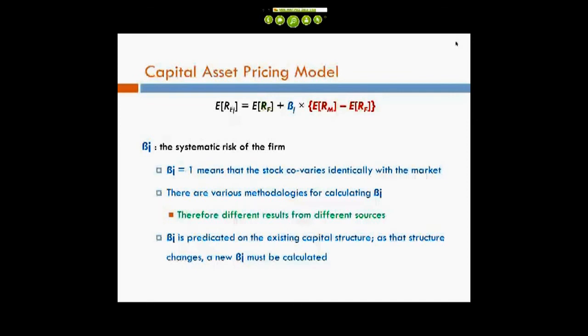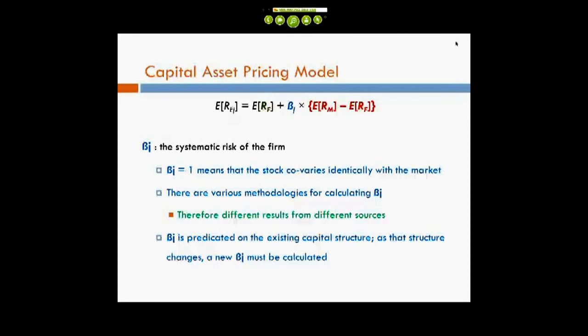If your beta is greater than 1, as the market goes up a certain percentage, you would expect more than that as your return because your company has a higher risk profile than the market as a whole. And if it goes up less, slower growth, it's because your company is less risky. Co-varies.